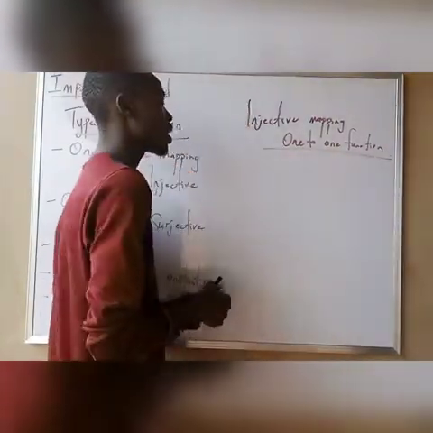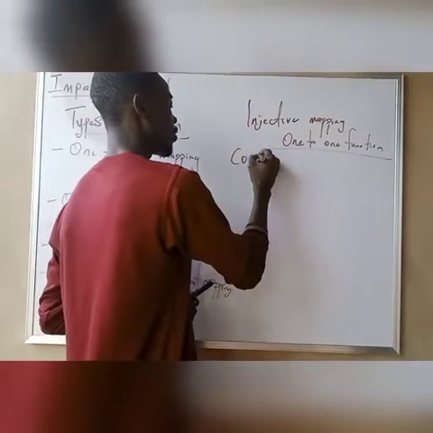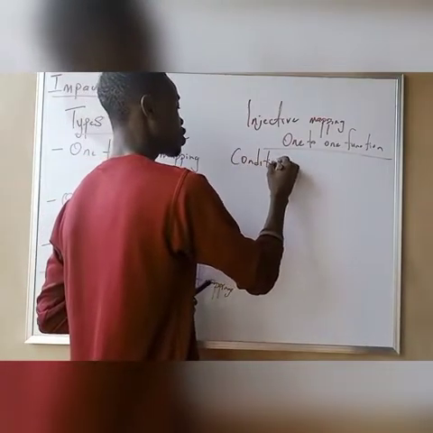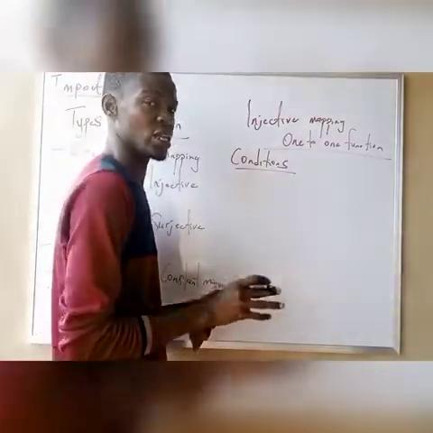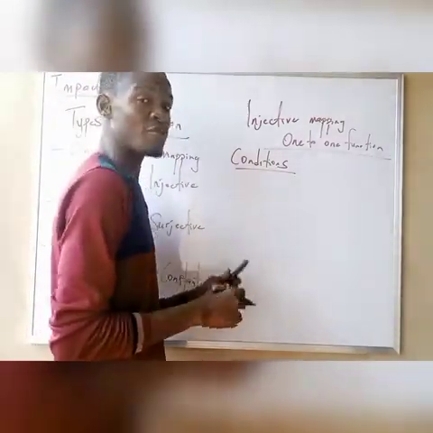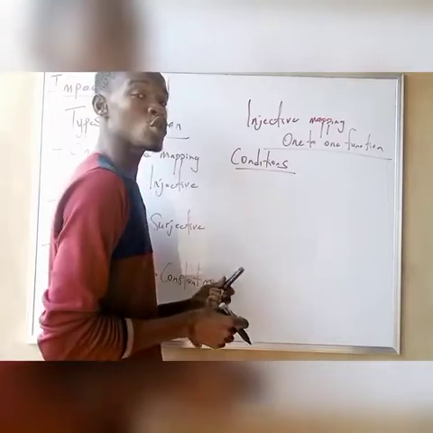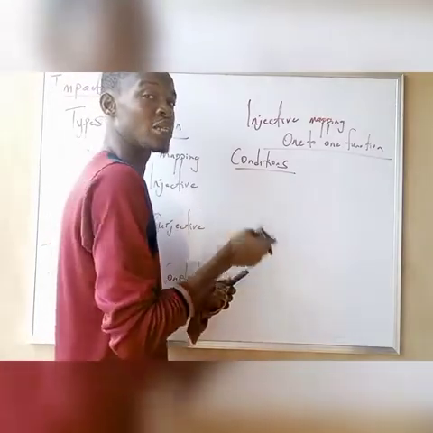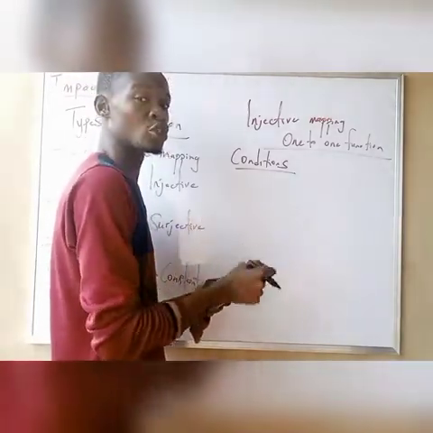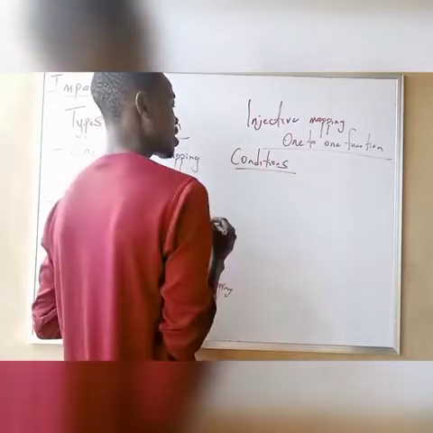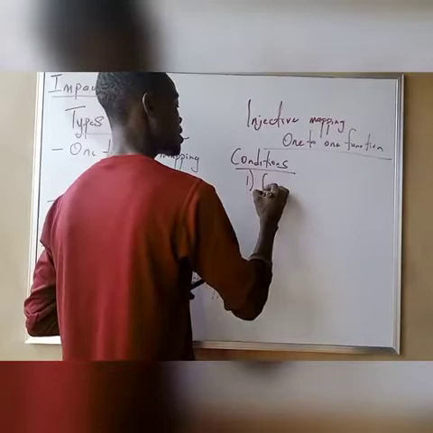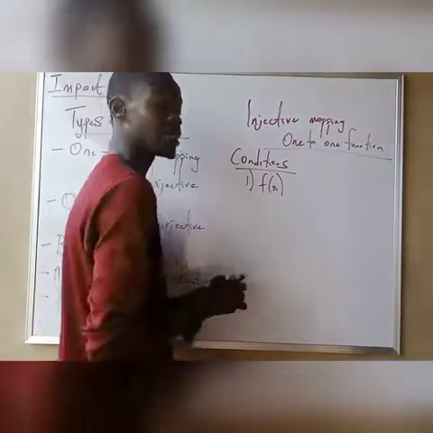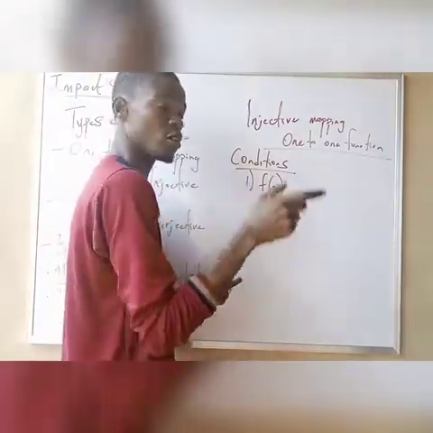What we want to look at basically is for us to know the conditions that will make a function be injective. Do we get that? We have looked at the graph, but now we want to look at the conditions that will make a function injective. Now, for the conditions, the first thing is for us to note that they are going to give us a function of x.